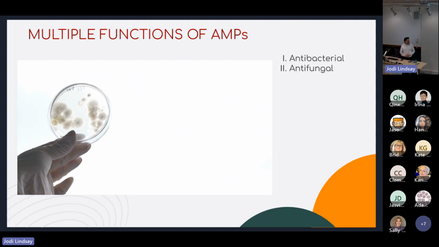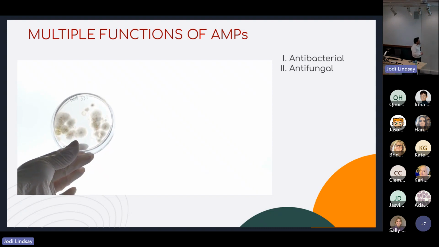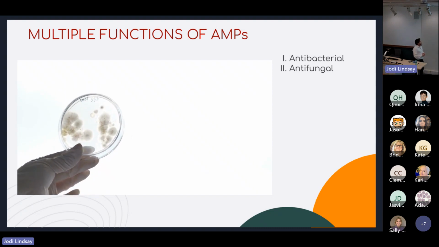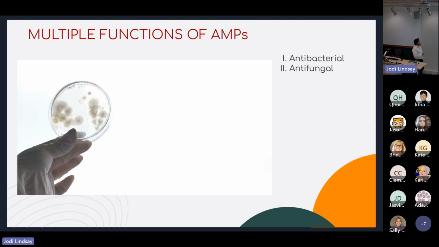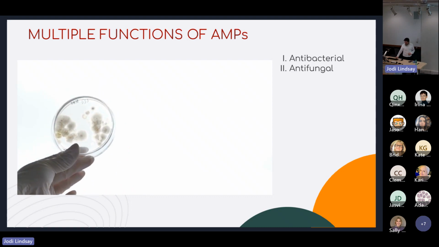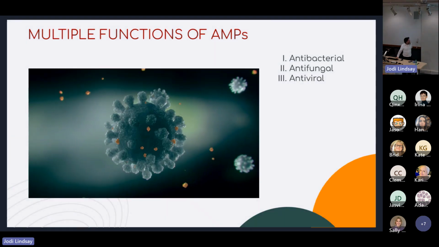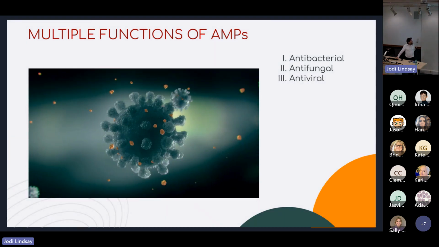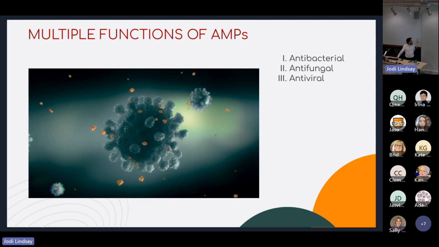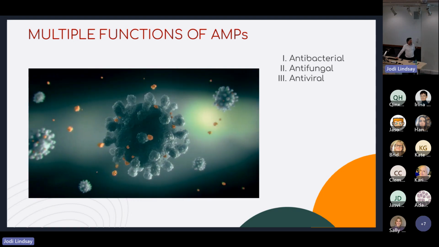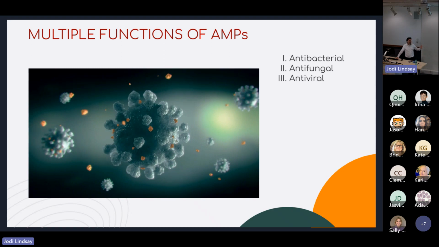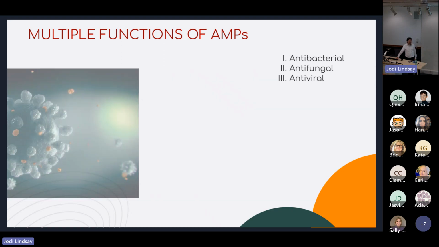They are also active against fungi. We have done some tests against Candida and other fungi, and it works quite well. They can also be antiviral. There is a whole database of antiviral peptides, and part of them is actually coming directly from these antimicrobial peptide sets.